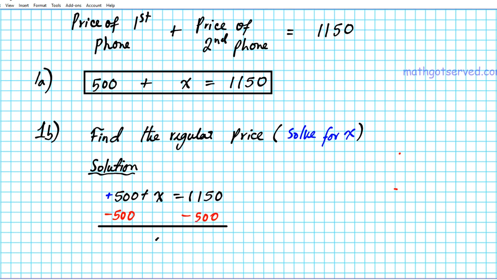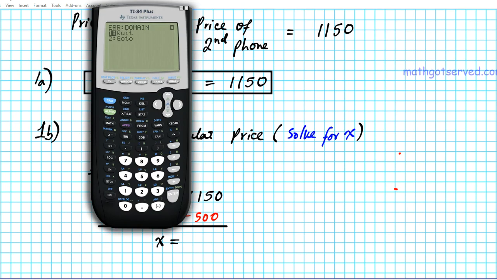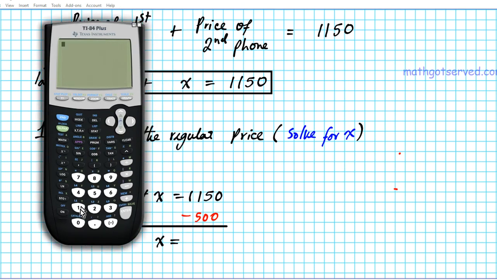And then you can just easily use your calculators to compute the difference between these two numbers right here. The difference is 650, but let's just do it with the calculator. 1150 minus 500, and you get $650.